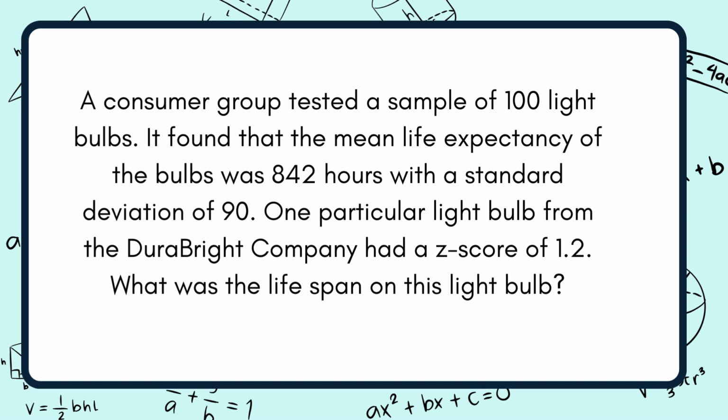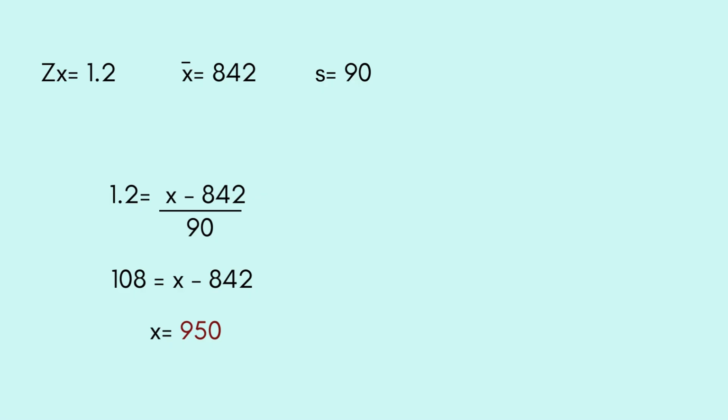Applying the same formula. Let's first get the given values. The z-score is 1.2, the mean is 842, and the standard deviation is 90. Using these given values, we will substitute in the formula. When it becomes an equation like this, we need to apply the LCD or simply multiply 90 by 1.2.